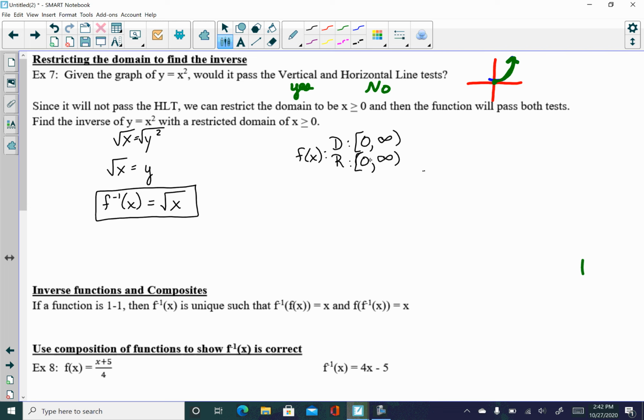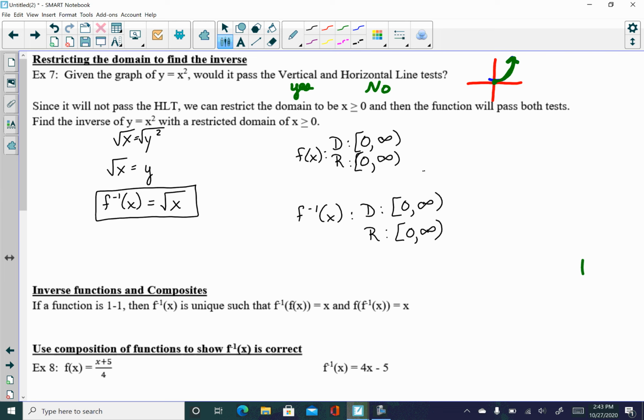Now, f inverse of x, if we just go off of what our fact on the previous page said, then the domain and range is just going to be swapped. So if the domain up here is from 0 to infinity, then that means the range down here is 0 to infinity. And if the range up here for the function is 0 to infinity, then that means the domain is 0 to infinity.